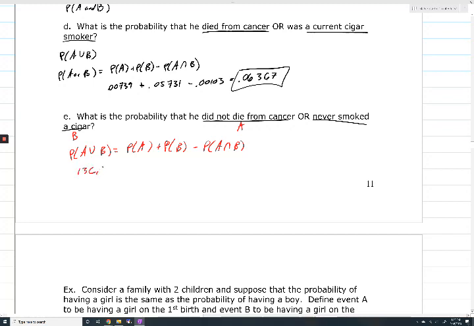So we have 136, 229, and then all of these are divided by the same number.